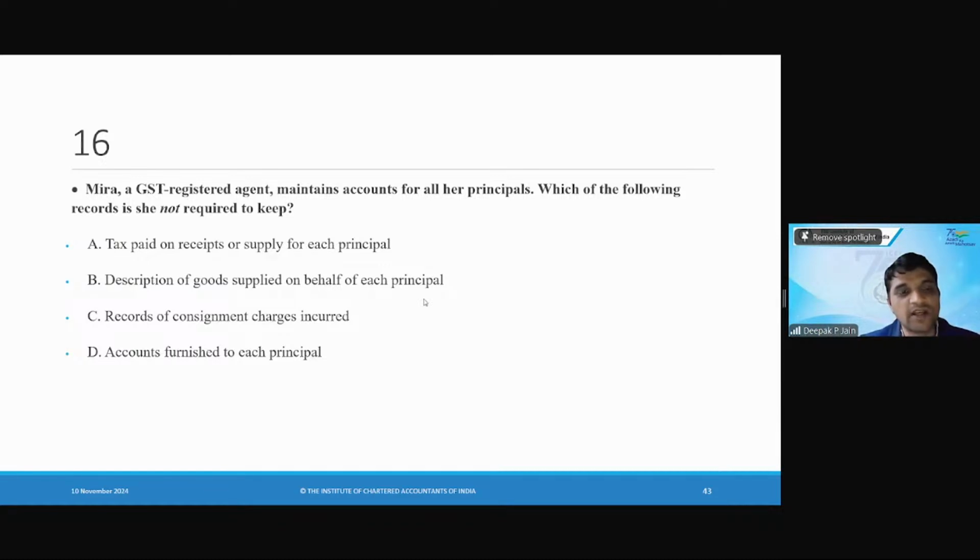Because in that agent's requirements, we have seen tax paid on receipts of supply of each principal, description of goods supplied and accounts furnished is there, but C is not there. So correct answer is C. Correct.